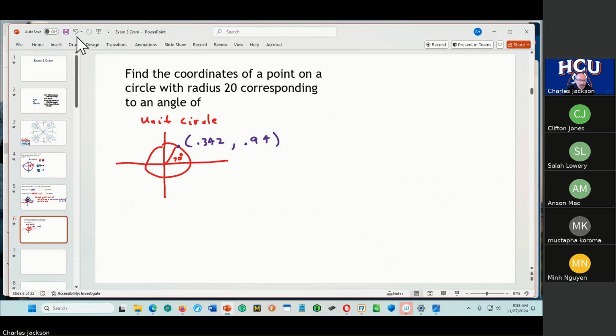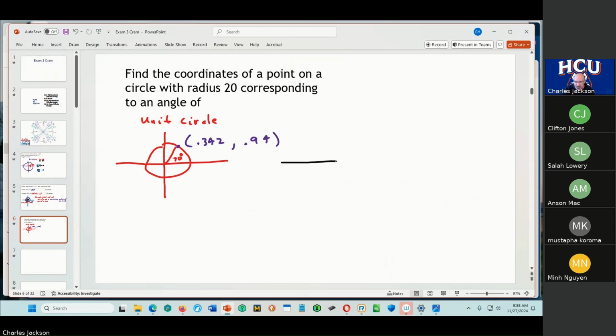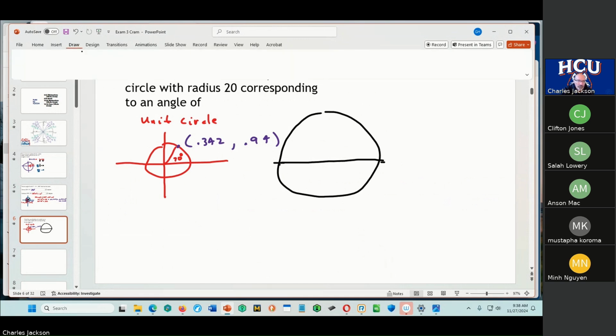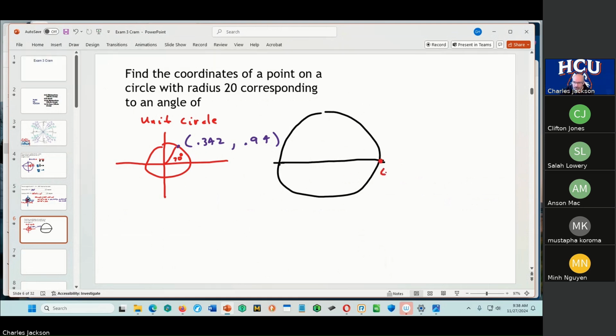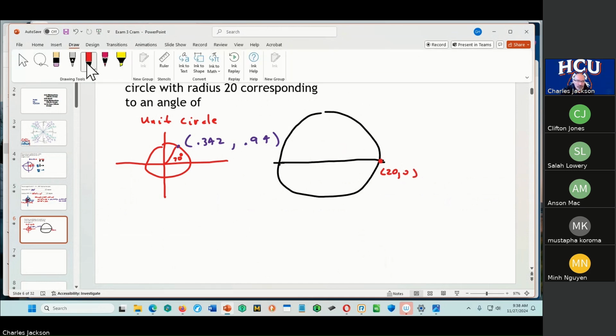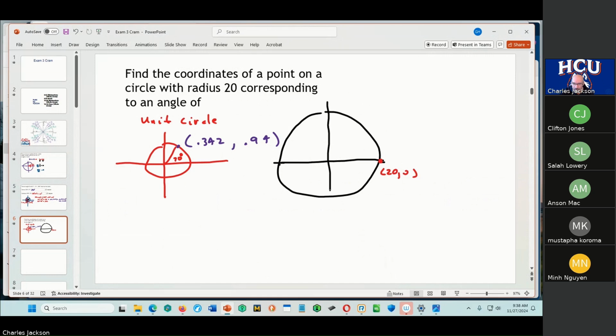What happens when your circle dilates and becomes a circle of radius 20? Well, we just multiply these numbers by 20.